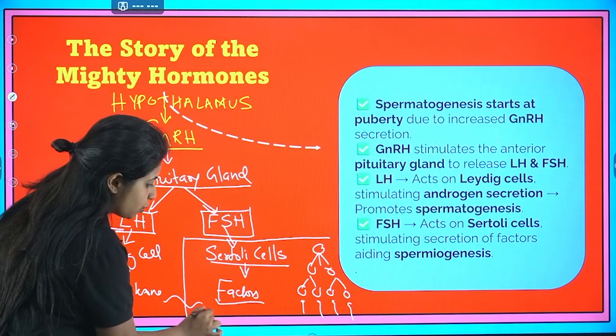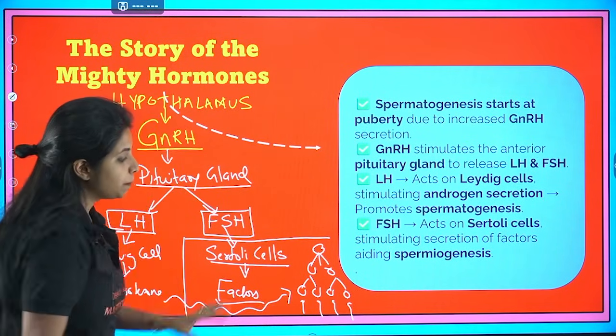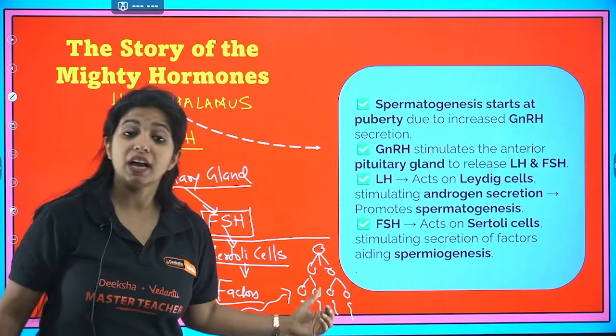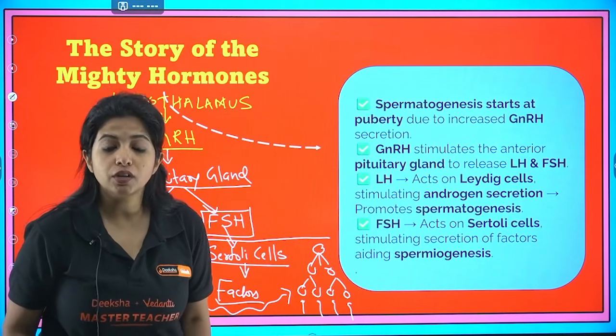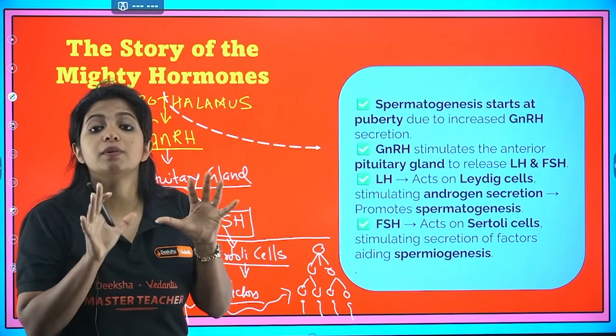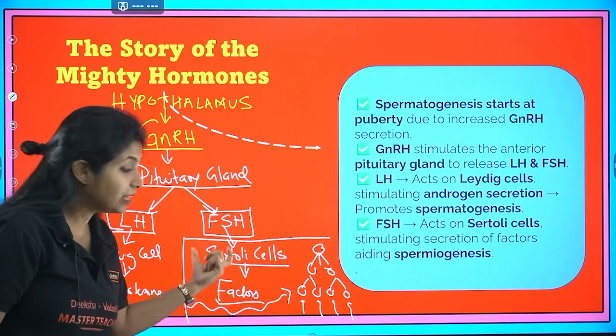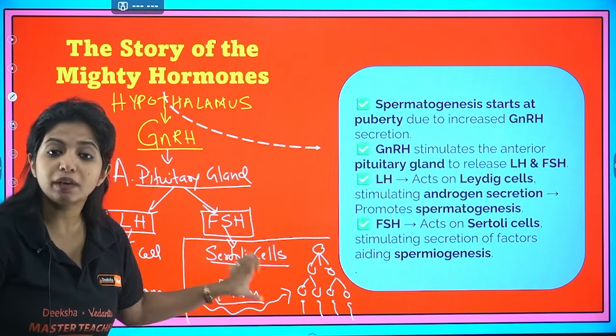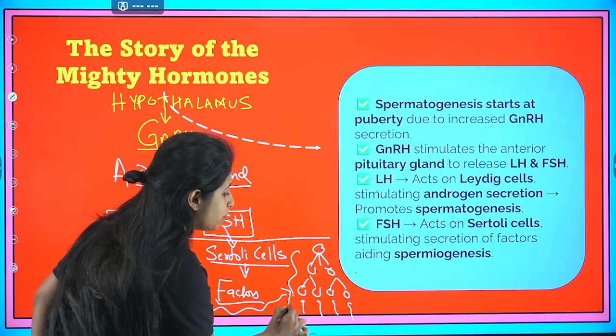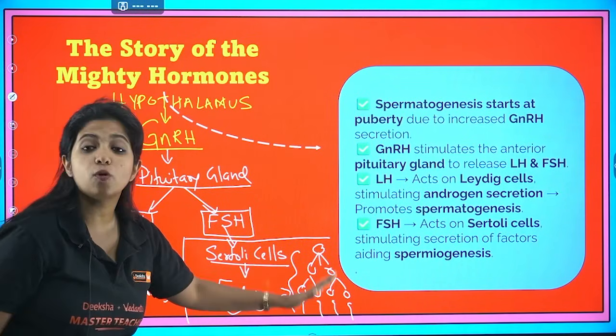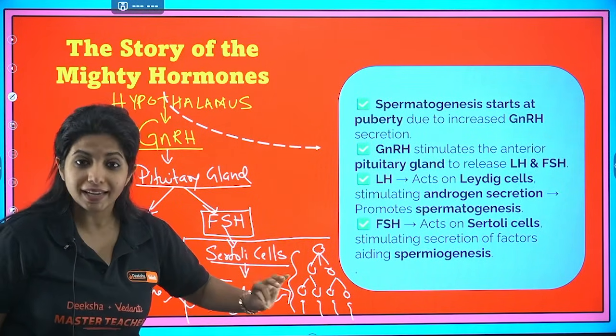This testosterone is going to enter and is going to help, but the concentration of testosterone can go low, which is why we need someone to make sure that the level of testosterone is being maintained. And who is going to maintain that? Sertoli cells. When they release some factors, these factors make sure that the level of testosterone is being maintained properly, and that is how the whole process can take place properly.